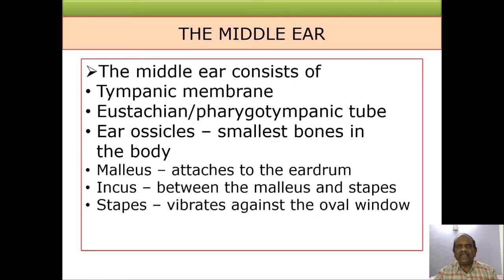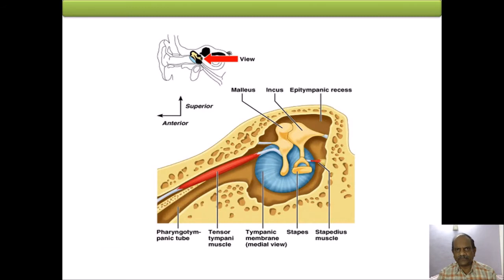Now the middle ear, as I mentioned, consists of the tympanic membrane, the eustachian or pharyngotympanic tube, and the ear ossicles. This is the smallest chain of bones in the body. As I have mentioned, the names are malleus, which is attached to the eardrum, incus between the malleus and the stapes. The stapes vibrates against the oval window and causes the propagation of sound waves in the inner part of the ear.